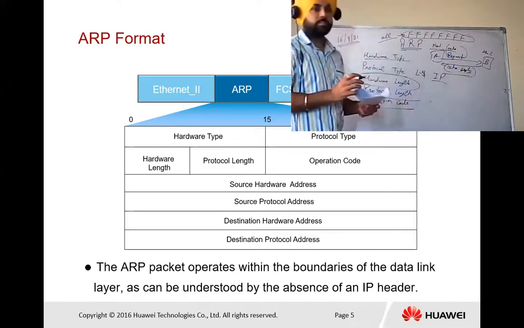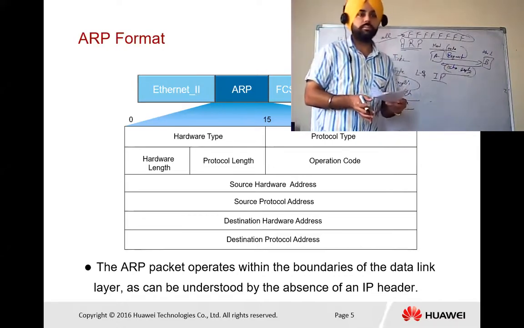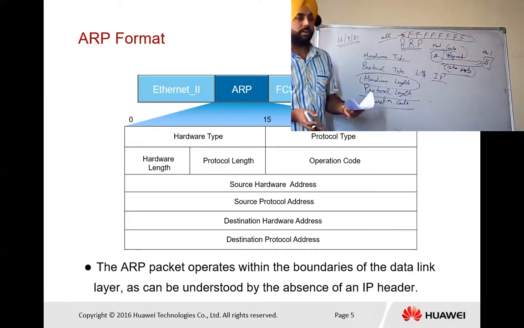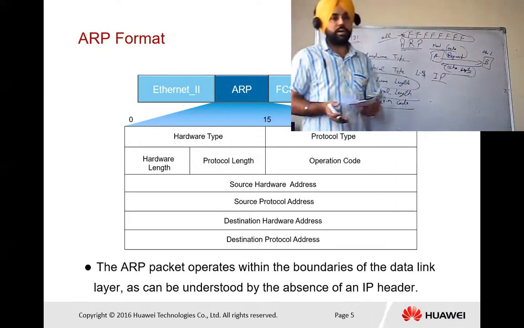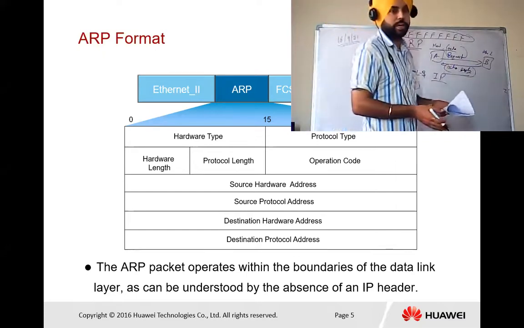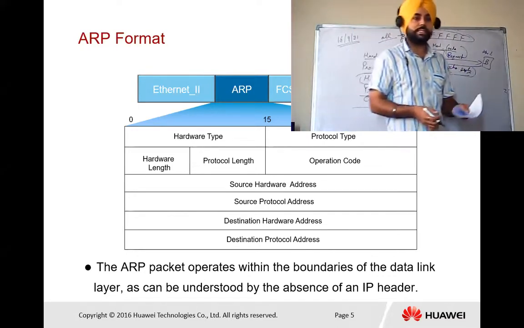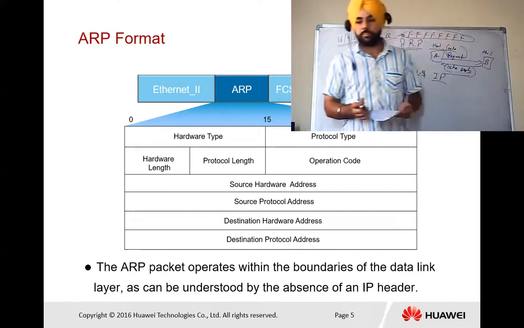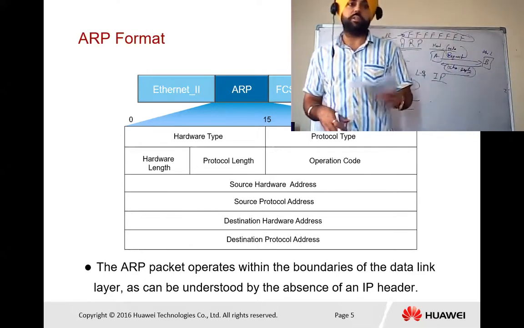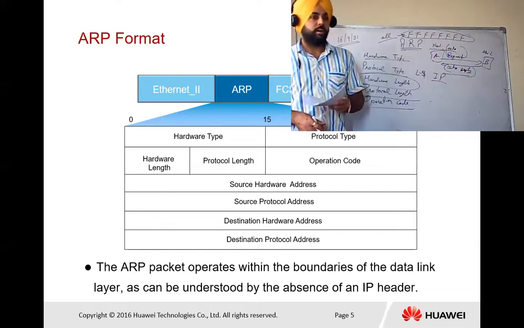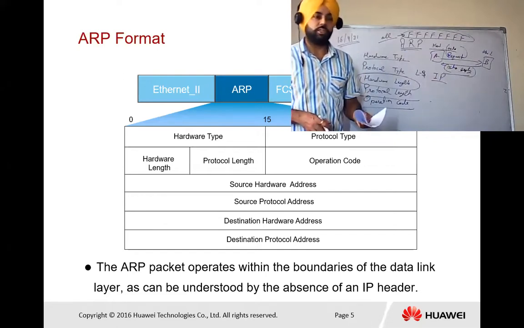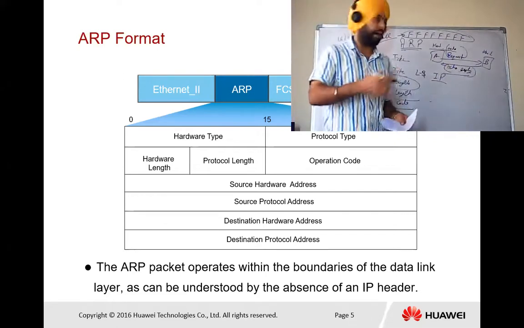Next is your source IP address and source MAC address. As I already explained, whenever you are sending a packet to the destination, your IP address as well as your MAC address travel with your packet. It is the same for the destination: destination IP address and destination MAC address.